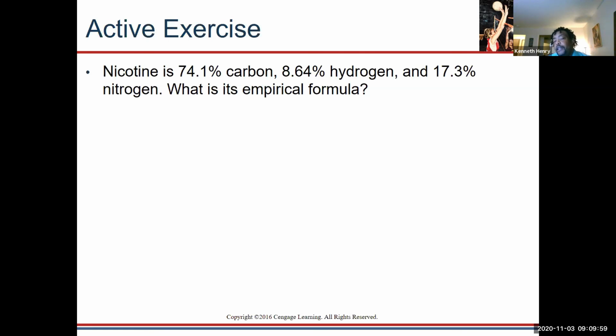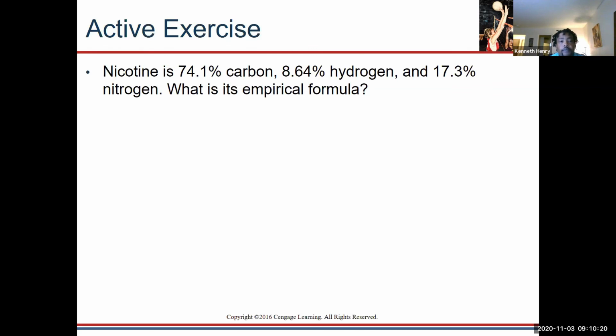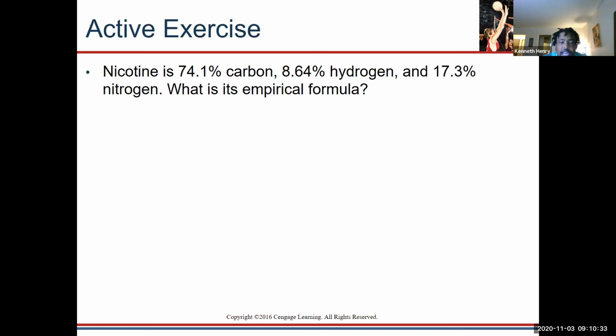Okay, so let me put this a little differently, right? Percentage is based upon what? The part over a whole, times 100. So the highest percentage I can have is 100%, and 100% would be the whole.